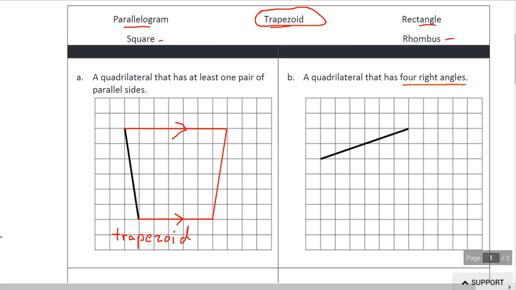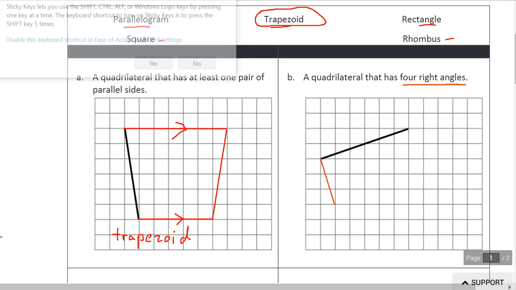Okay, so let's try and make this angle here. Does that look like a 90-degree angle to you? Not to me. How about to here? That looks like a right angle to me.